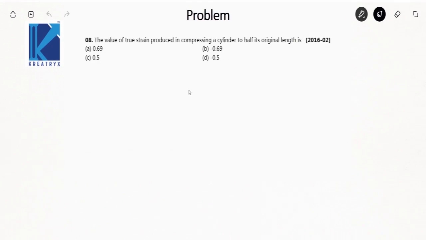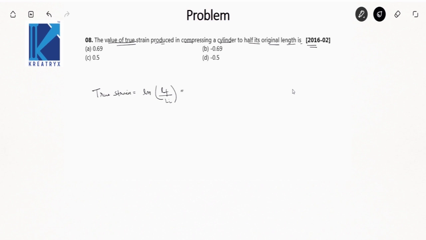Now moving to the next question. This is a question from GATE 2016. The question says: the value of true strain produced in compressing a cylinder to half its original length. We know that true strain is denoted by ln L final by L initial.